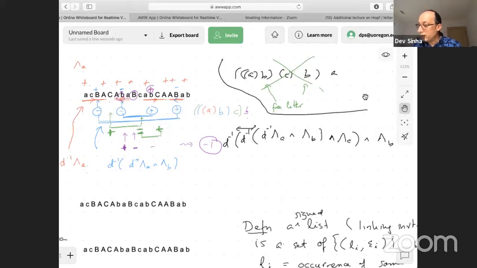In fact, first let me tell you what this word is. Did I not transfer that to my notes? I might not have transferred that to my notes, but in fact, this word is a threefold commutator.